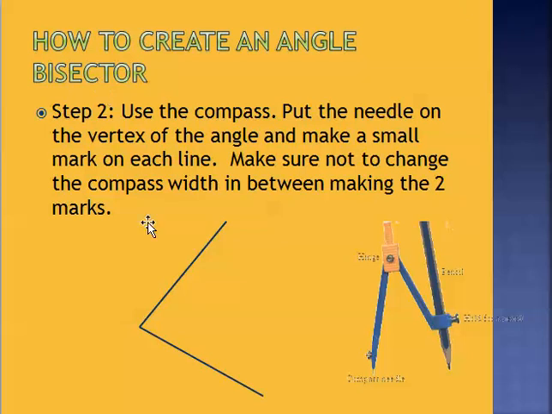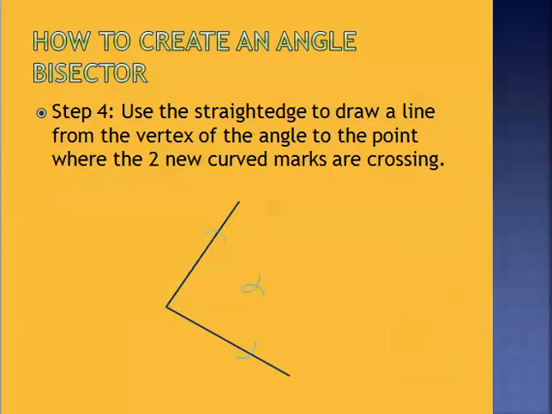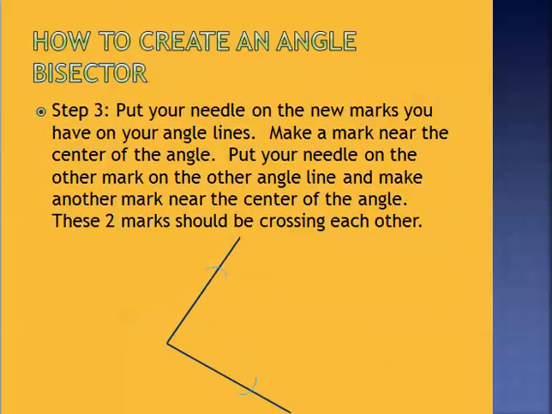You will put a little mark on each of these blue lines, and the mark will be a little curved mark because of the nature of the compass. Sorry, we skipped a slide there.